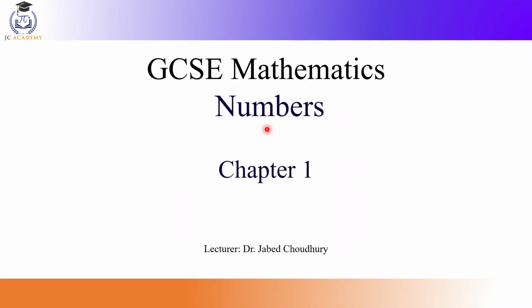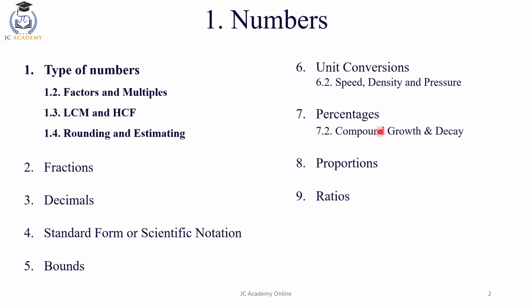So this is the first section of the total number of sections in this course. There are 7 sections, as I mentioned in the introduction to the course. The first section is titled Numbers.